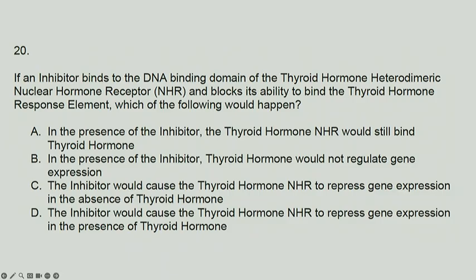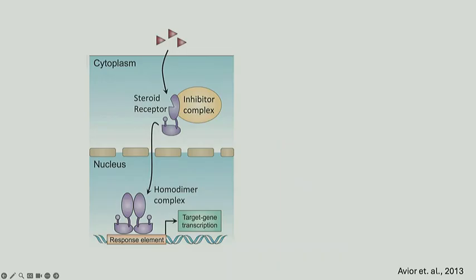An inhibitor binds to the DNA binding domain of the thyroid hormone heterodimeric nuclear hormone receptor and blocks its ability to bind the thyroid hormone response element. So, these nuclear hormone receptors work in a very specific way, depending on whether they're heterodimeric or homodimeric. In my opinion, homodimers are simpler, right? Homodimers exist out in the cytoplasm as individualized proteins.